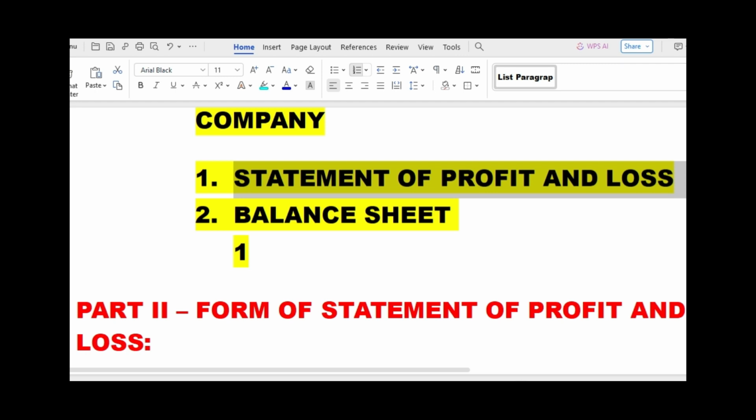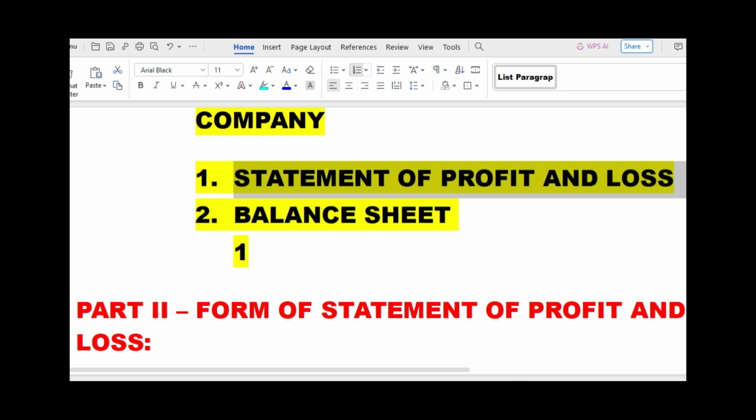Alright, so this is the meaning of financial statements. Again I am telling you, financial statements are the final product of the accounting process done during the accounting period, which shows the financial position, that is, the balance sheet helps, and the results of business activities, that is, the statement of profit and loss for that accounting period. So this is your financial statement meaning.